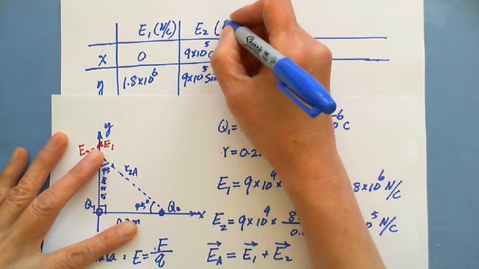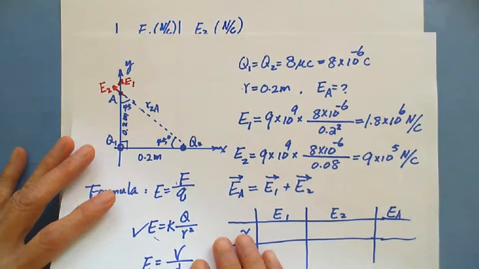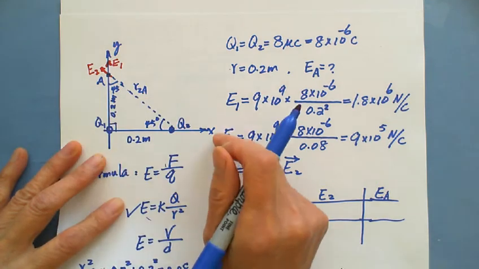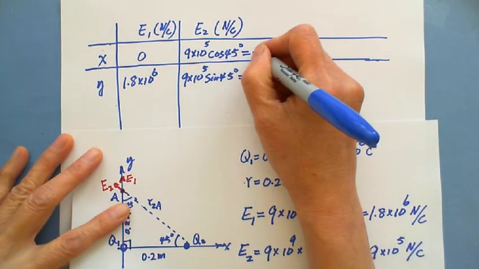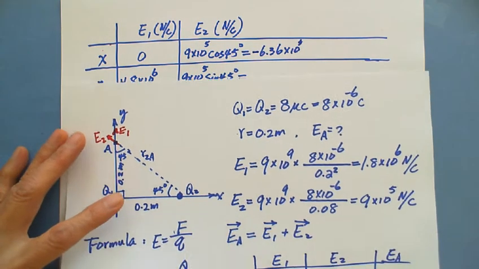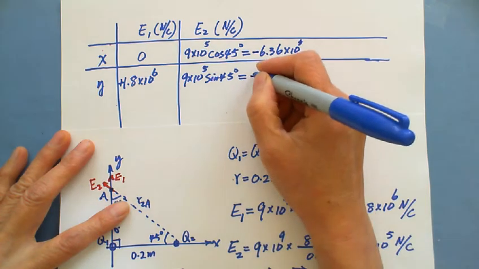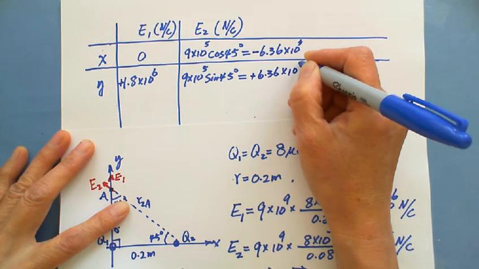This is also Newton per coulomb. Because we know the E2 x direction goes to the left, which is the negative direction, we put the negative here. The y direction goes up, so it is positive, also 6.36 times 10 to the 5 exponent.